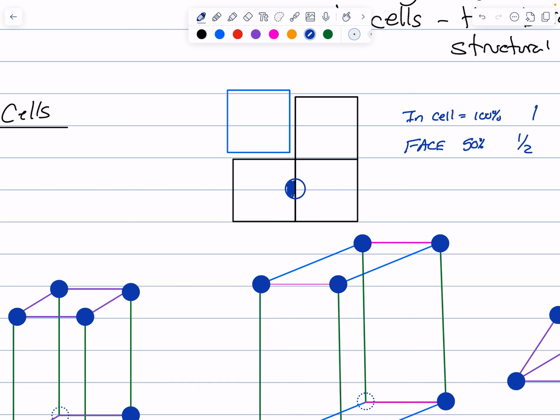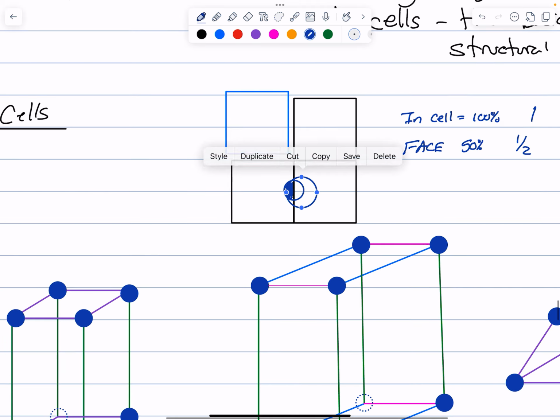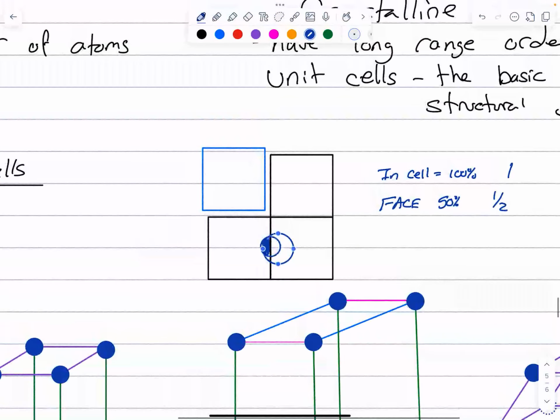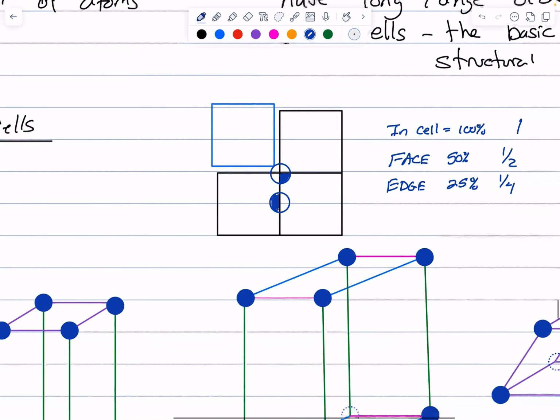It could be on an edge. If we're on an edge, right, only 25%, right? Or 1/4. Now the last spot it could be in, right, is a corner.